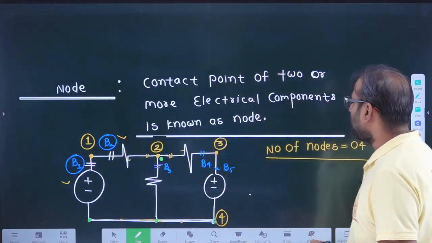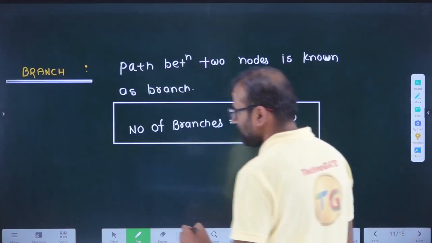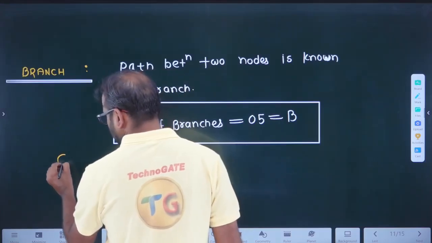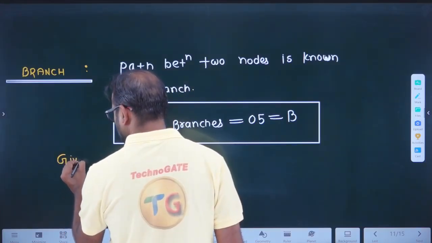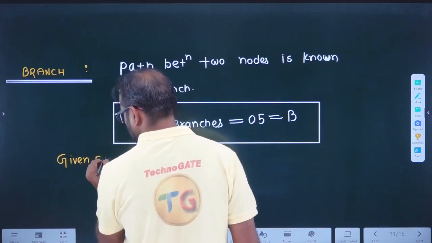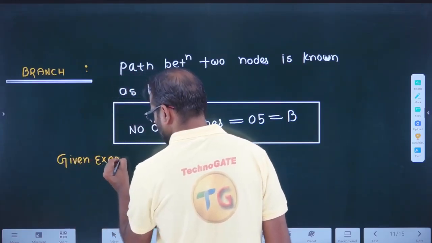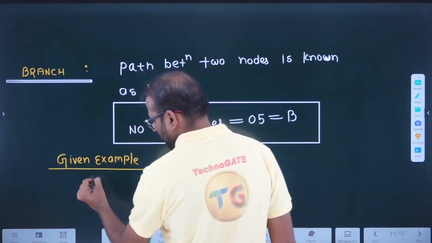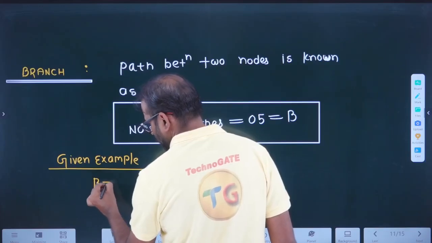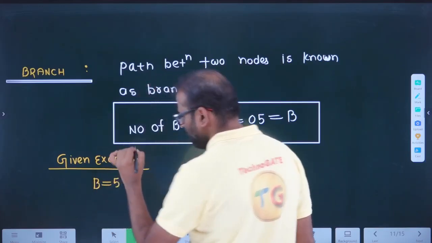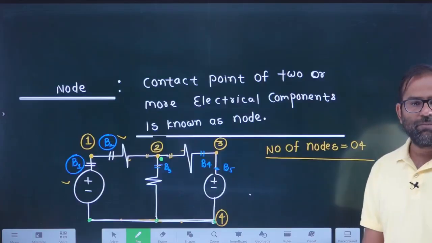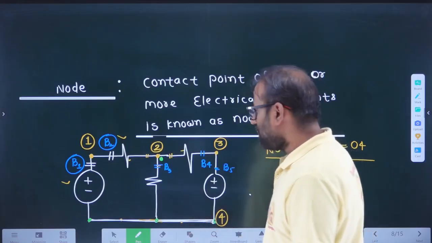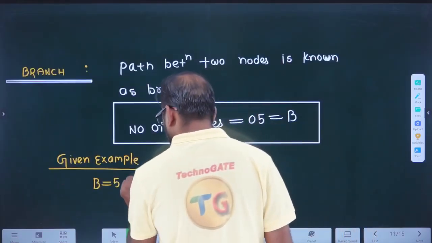So in the given example, number of branches B equal to 5. How many nodes are there? So 1, 2, 3 and 4. So you can say nodes is equivalent to 4.